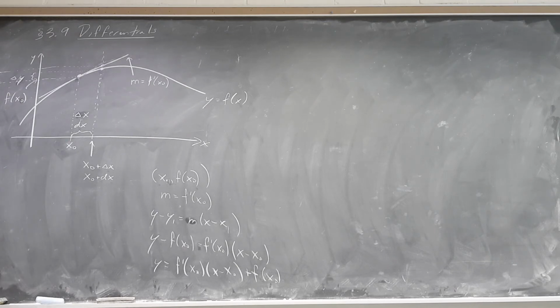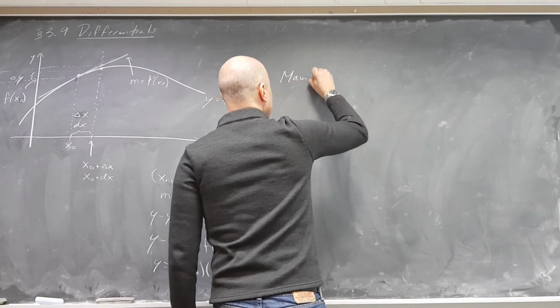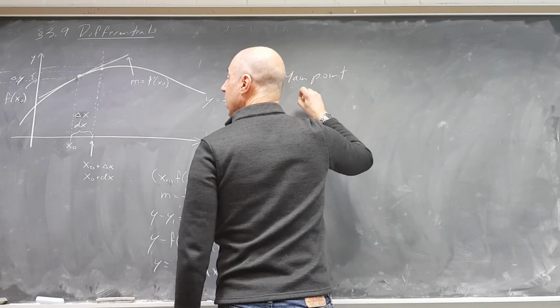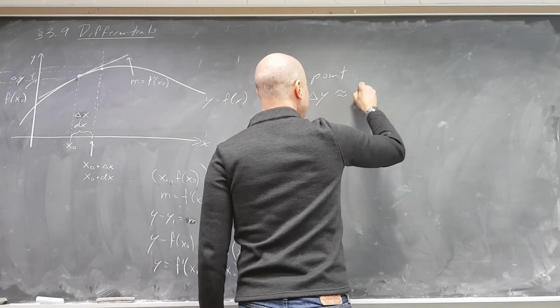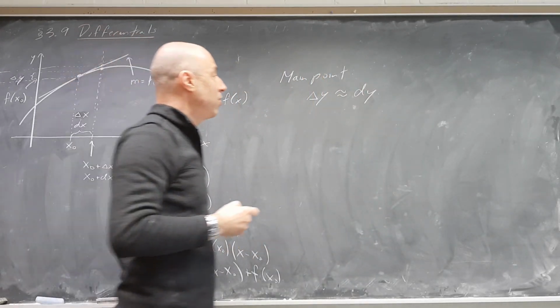And the main point is that delta y is approximately equal to dy if delta x is small.